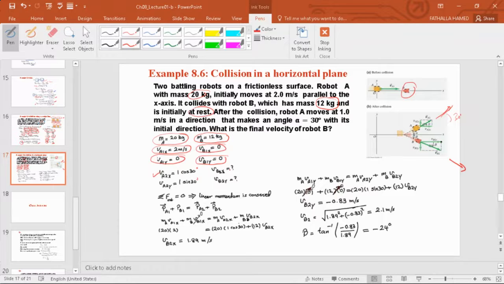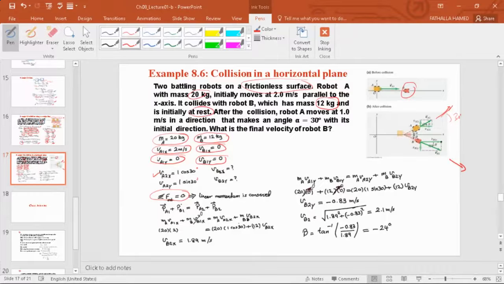But VB2x and VB2y are what I want to find. Again, it's a frictionless surface, so you have an action-reaction. So the external forces here are going to equal 0, so you have a conservation of momentum.